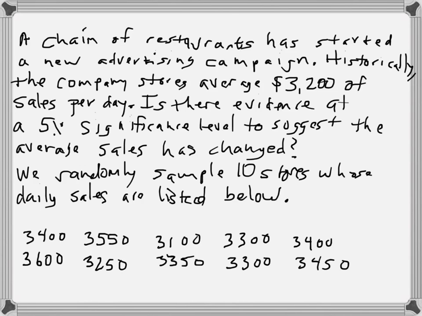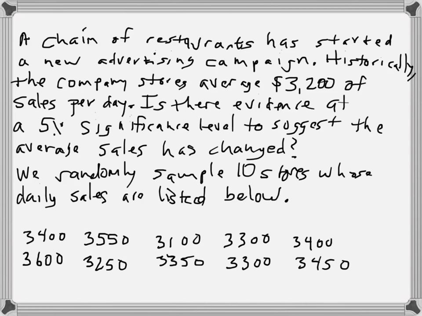And just to let you know, we're going to kind of do the whole shebang on here. We will write the hypotheses, check the condition, calculate the test statistic, calculate the p-value. We will make a decision and make a conclusion, and maybe might just verbally want to say what a type 1 and type 2 error is.